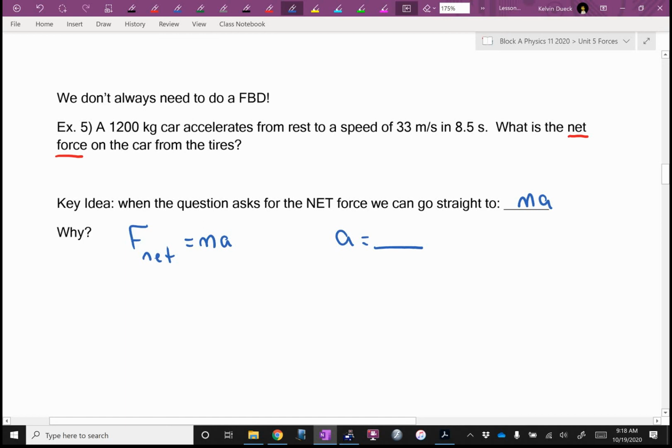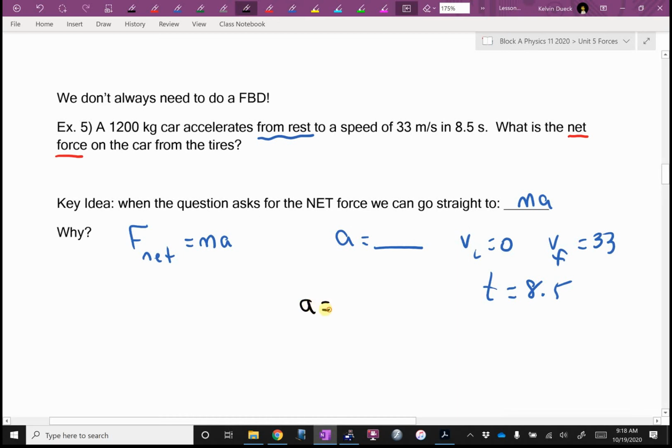So let's go in order in the question. What could I use to find the acceleration? Can you get the A by itself, please? I stand corrected.